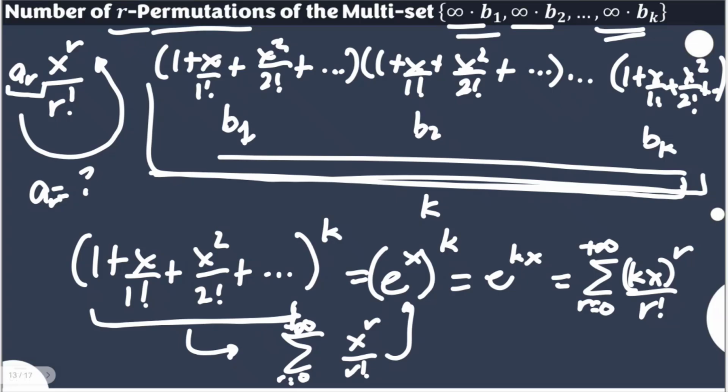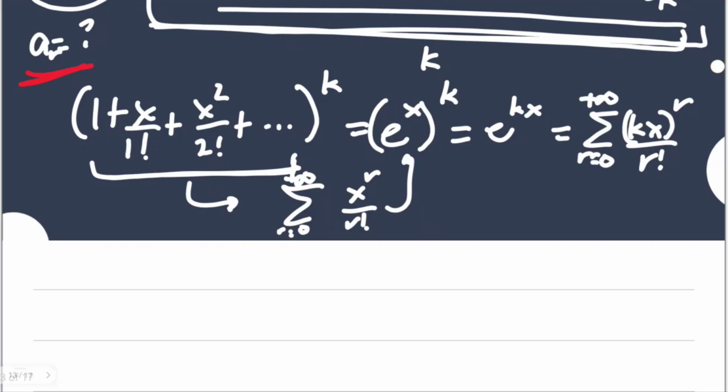Now we're getting closer, because what we want is this form here, and whatever will be the remaining result stands for our a sub r, the generalized formula for this type of situation. Simplifying this, we have the summation of k to the power of r, x to the power of r over r factorial, as r starts from 0 to positive infinity.